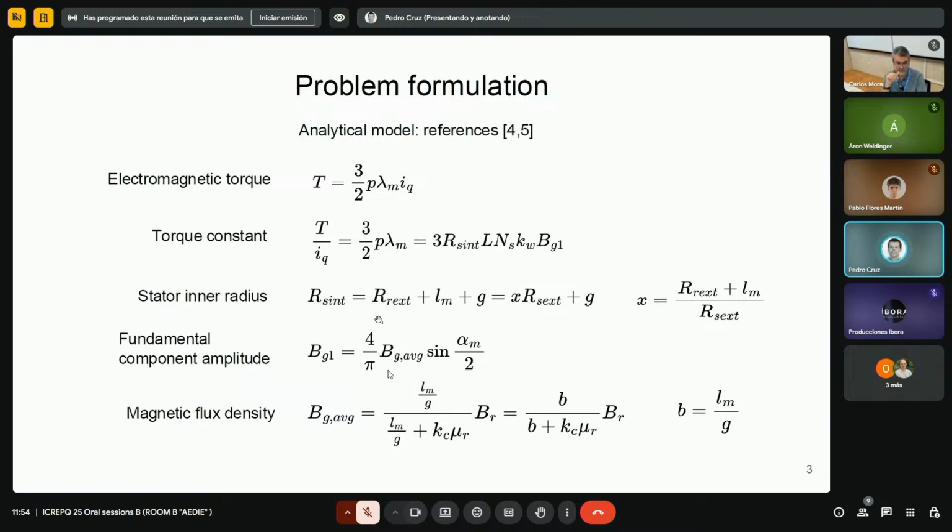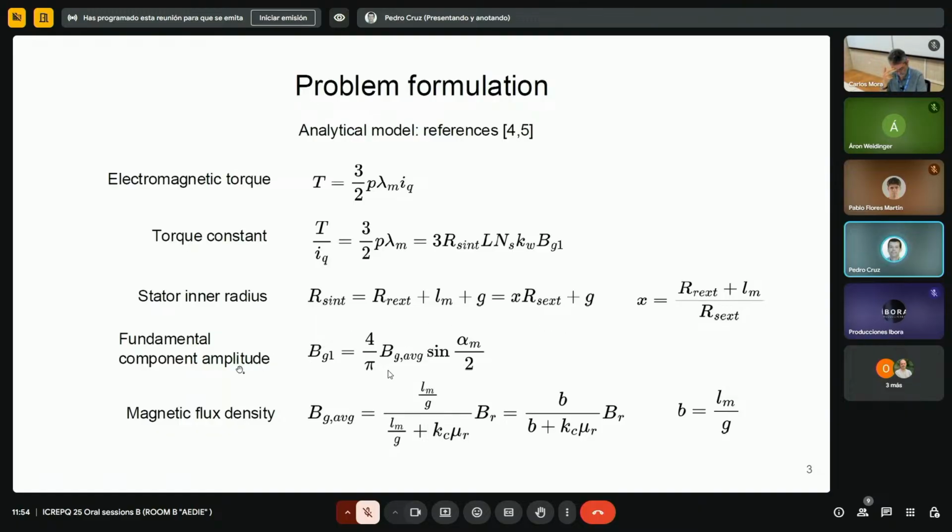The stator inner radius is in turn a function of the X parameter that is defined as it is here. The X parameter is a non-dimensional parameter and can be defined with upper and lower bounds.